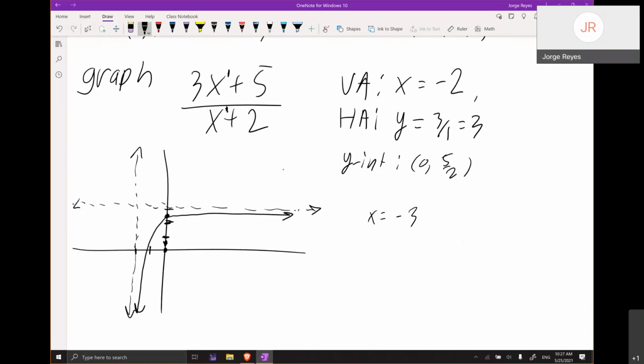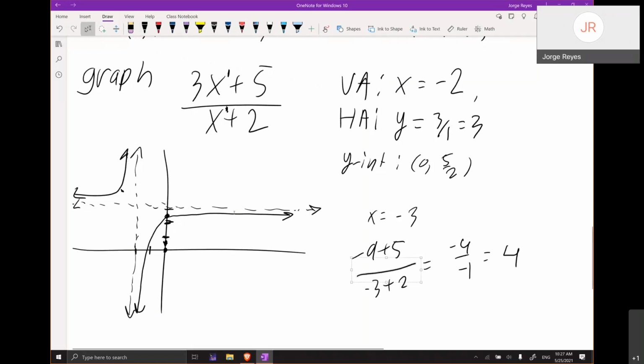Then I'm going to get -9 plus 5 over -3 plus 2, which is -4 over -1, which is 4, which we know is going to be right here. So I get up here. This is pretty much how this goes. It's kind of like making a sign chart in a weird way.